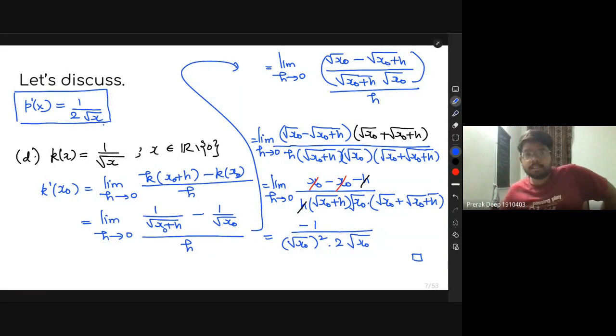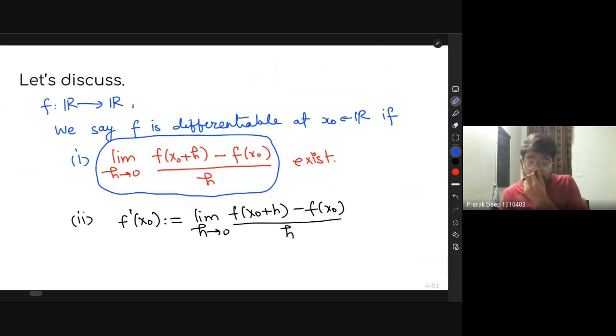So I hope all of these questions make sense to you, and you don't have any doubt in any of these questions. So I used the first principle. Basically, first I calculated this limit, and if this limit exists, the function is said to be differentiable at x naught, and we define the derivative at x naught to be this limit.